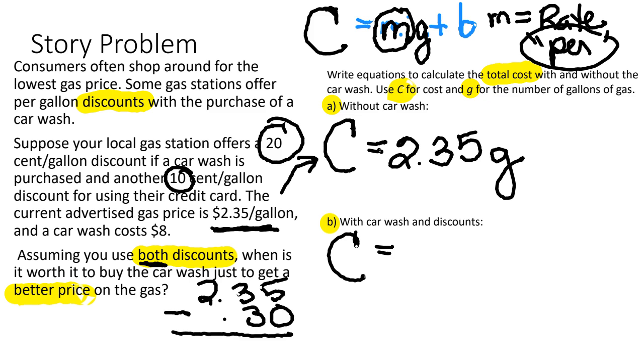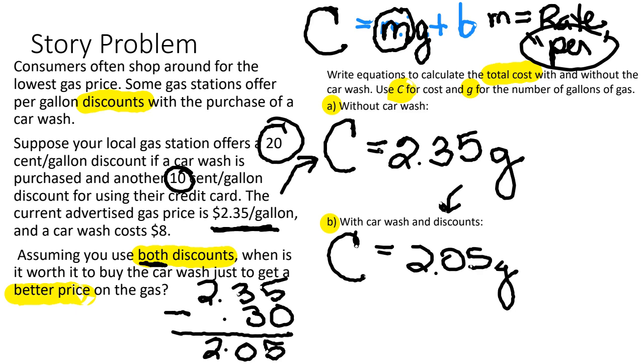This will give me $2.05 is what I'm paying per gallon of gas. But don't forget, I have to add the car wash. Car wash isn't free. The gas is what's getting the discount, because I'm paying that $8 for the car wash. These are my two equations.